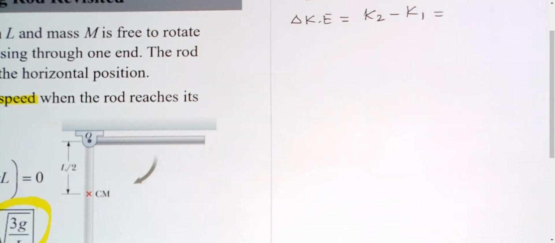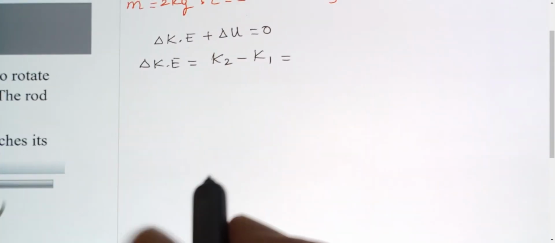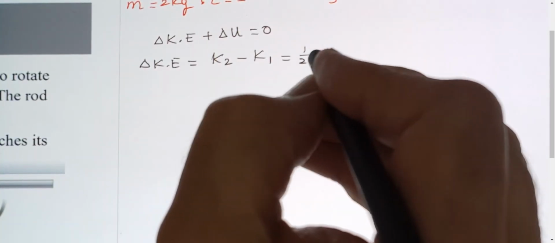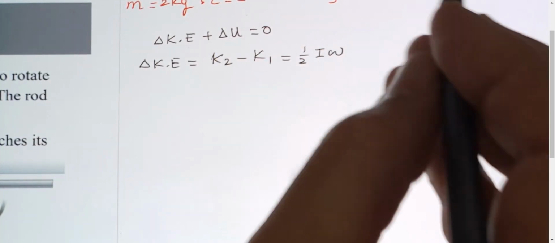All the potential energy is transferred into kinetic energy, rotational kinetic energy. So then it will be half I omega squared.